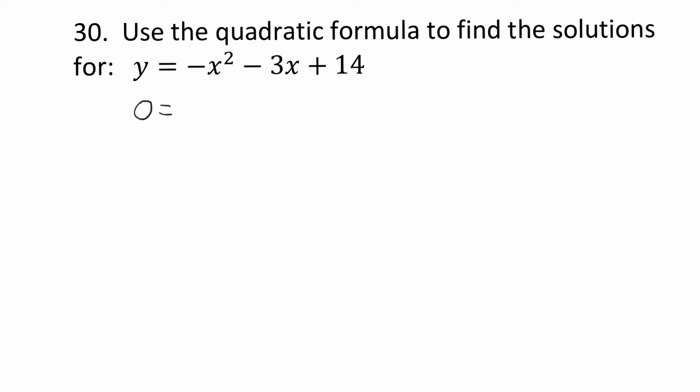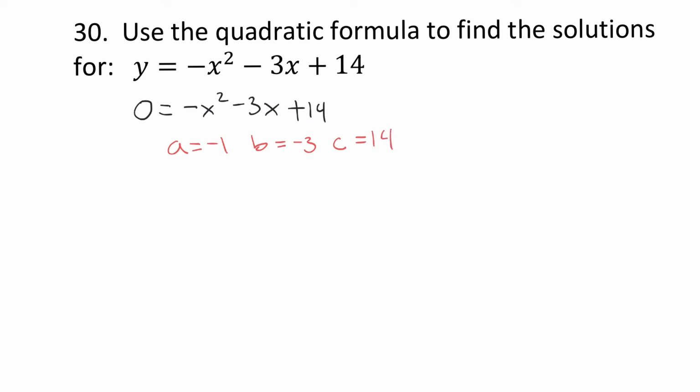So the y becomes a 0. We have a negative x squared minus 3x plus 14. Now you guys can find the a value, b, and c. I just mentioned that in the previous question. You guys need a 0 in that equation to find the a, the b, and the c. So a is negative 1, b is negative 3, and c will be positive 14.